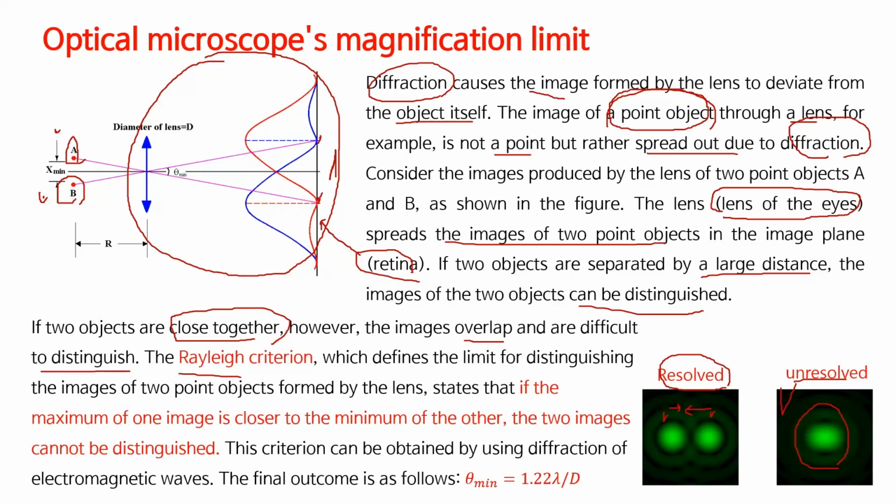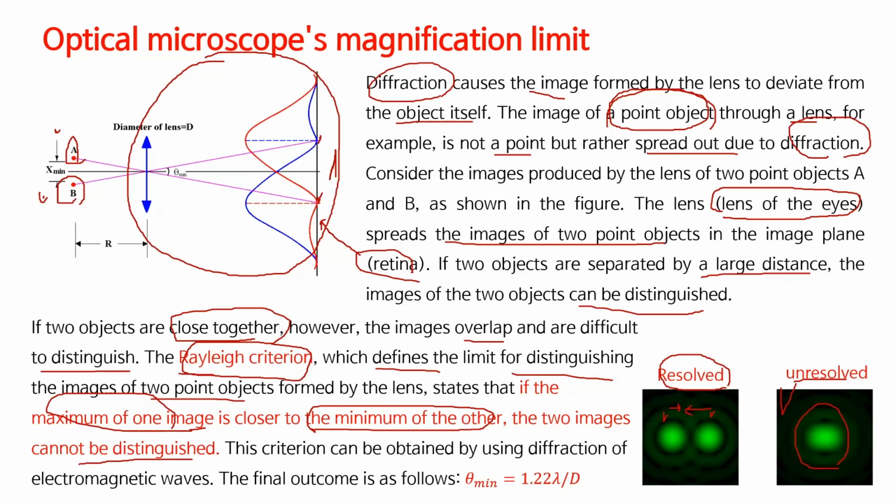The Rayleigh criterion, which defines the limit for distinguishing the images of two point objects formed by a lens, states that if the maximum of one image is close to the minimum of the other, the two images cannot be distinguished.